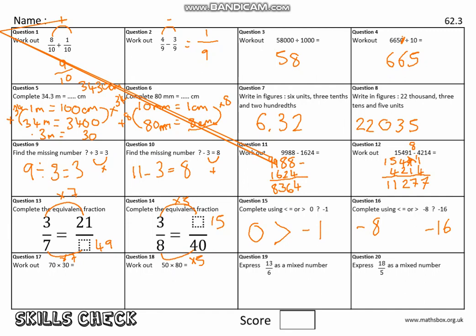So if we think about where 0 is on our number line, and then we were to count down, so we'd go minus 1, minus 2, minus 3, minus 4, etc. Okay, so actually, minus 8 is closer to 0 than minus 16. So minus 8 is bigger than minus 16. So that's the way our crocodile would face.